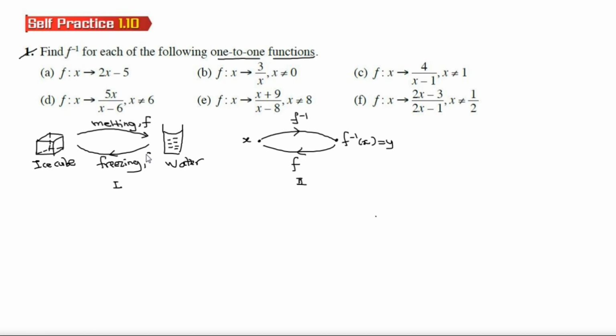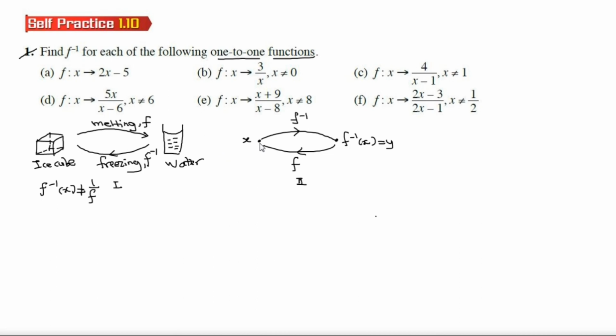How to write inverse? It is f inverse. Do take note here, f inverse x is not equal to 1 over f. This is not power negative 1. This is inverse in mathematics. So how to find the inverse function?